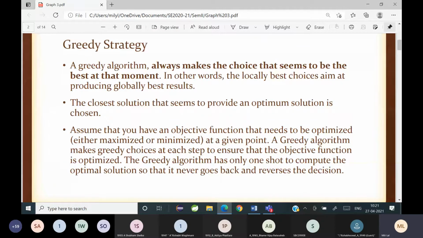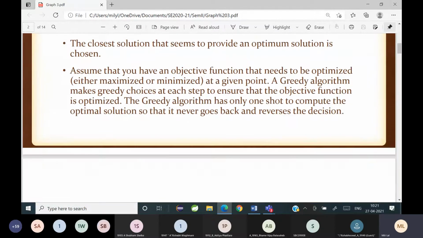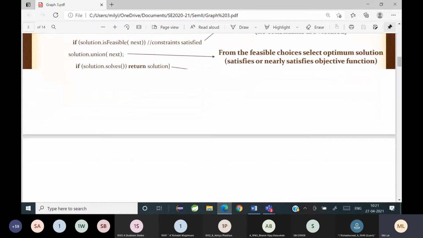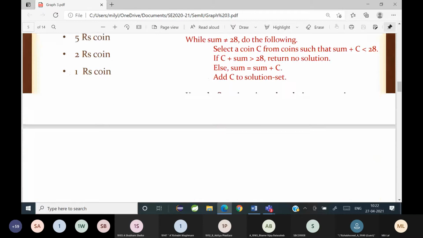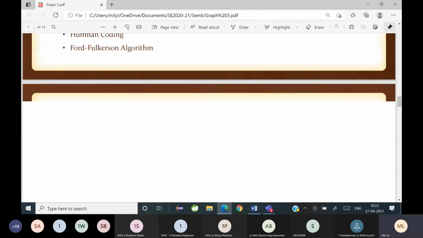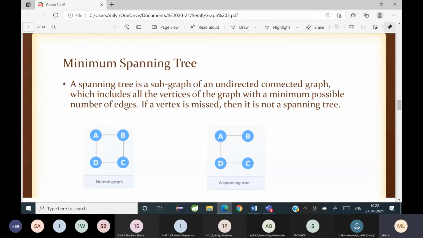So using that greedy strategy, one of the methods we have learned is the minimum spanning tree example. So now what is a minimum spanning tree? The minimum spanning tree follows the greedy strategy. That is, you select the best possible or feasible solution at that moment of time.